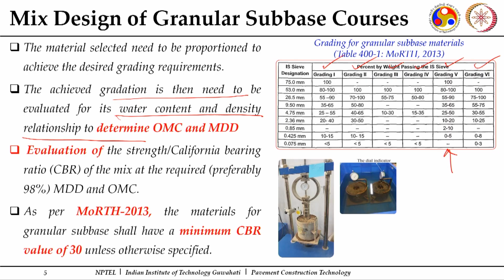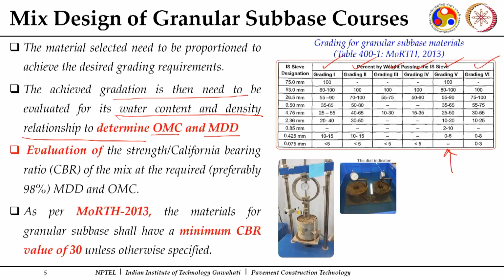You will do the Proctor test, which we discussed in previous lectures, where you vary the water content and determine the dry density, and from the relationship between moisture content and dry density, you figure out the optimum moisture content and maximum dry density.